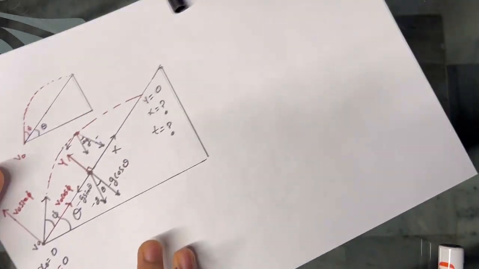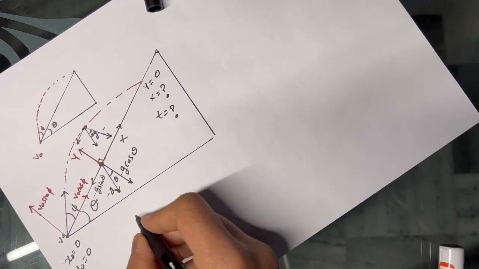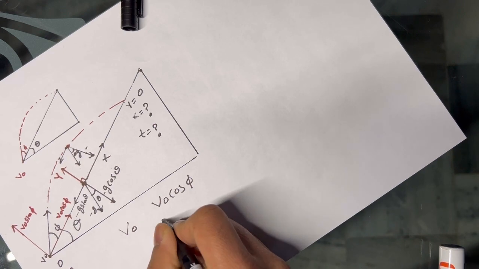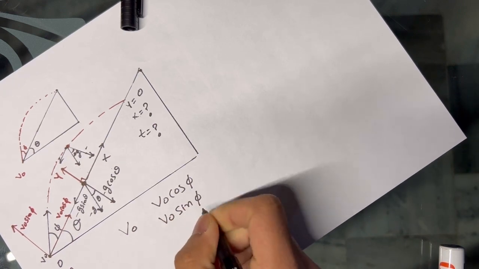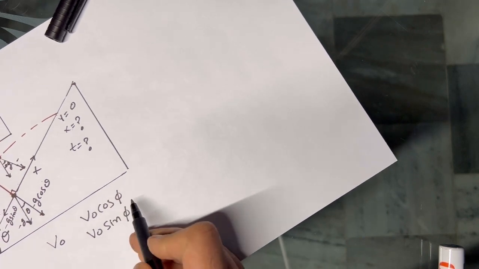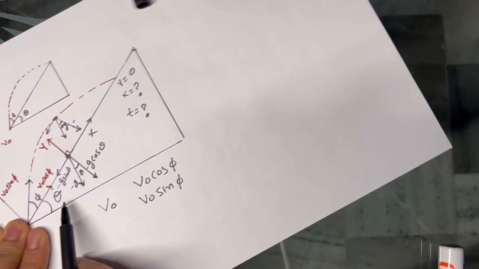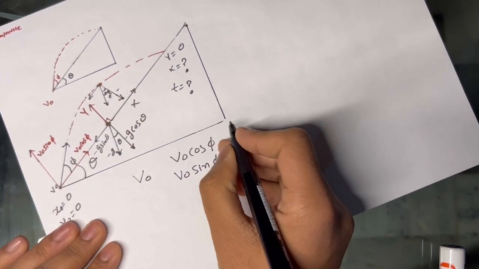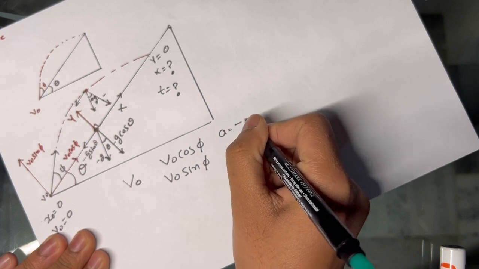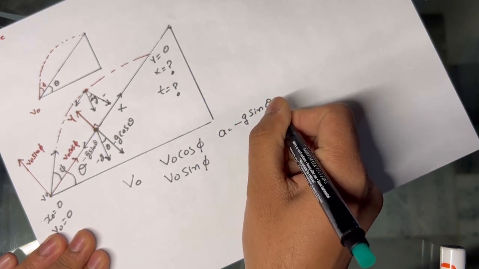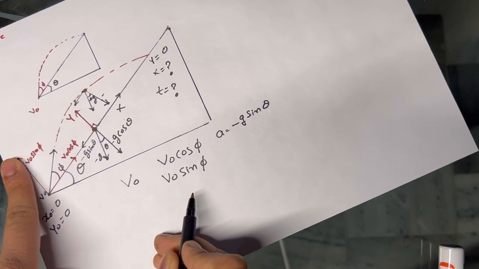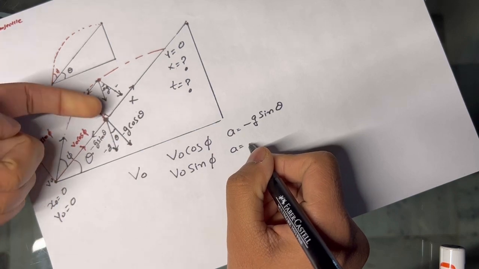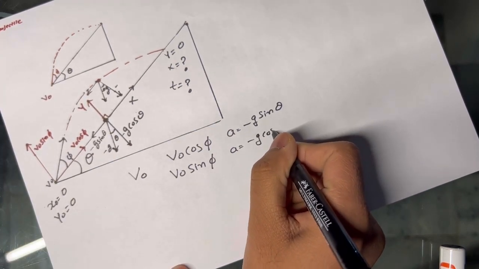So let's write our components. V naught is broken down into v naught cos phi and v naught sin phi. The component along this side will face this gravitational pull, an acceleration equal to negative g sine theta, and the velocity along the y-axis will feel the acceleration which is negative g cos theta.